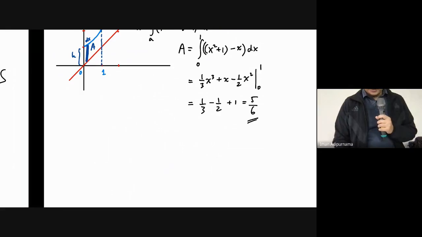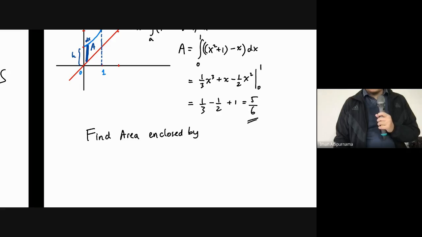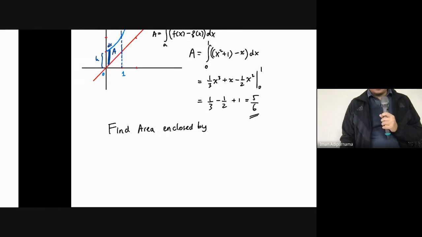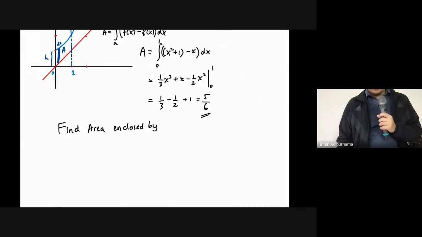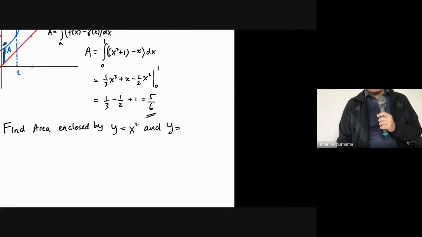Okay. Try the other example. Find the area enclosed by y equals x squared and y equals 2x minus x squared.